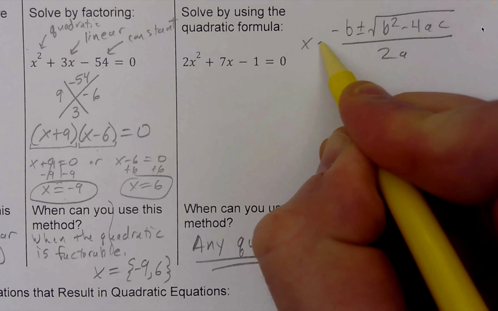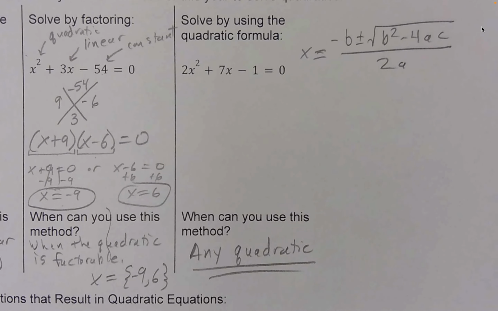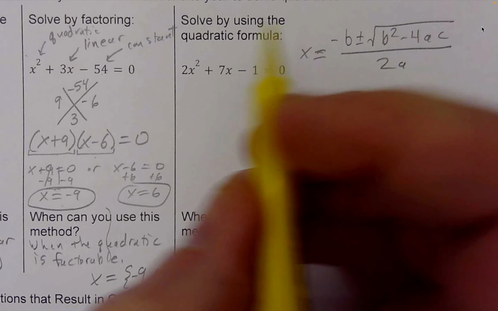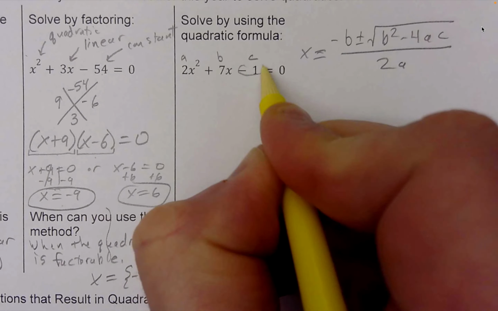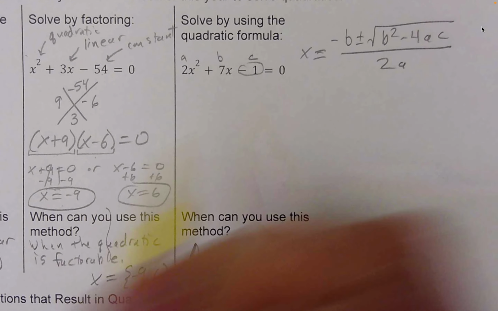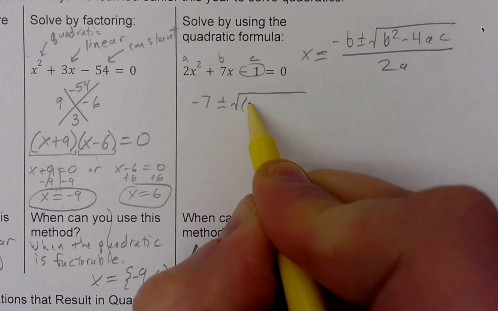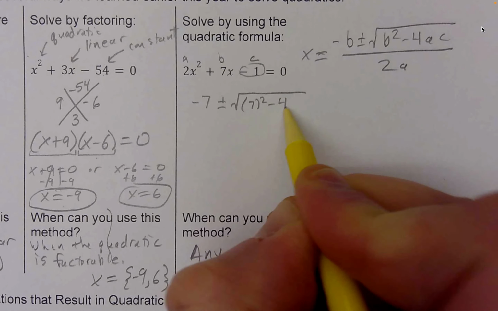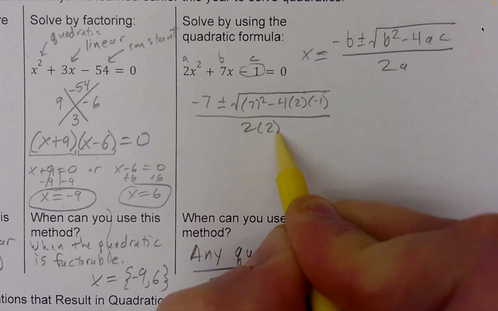This works for any quadratic. Okay, a is 2, b is 7, c is negative 1, right? So we put these in: negative b, negative 7, plus or minus the square root of b squared, 7 squared, minus 4 times a, which is 2, times c, which is negative 1, all over 2 times a, which is 2.